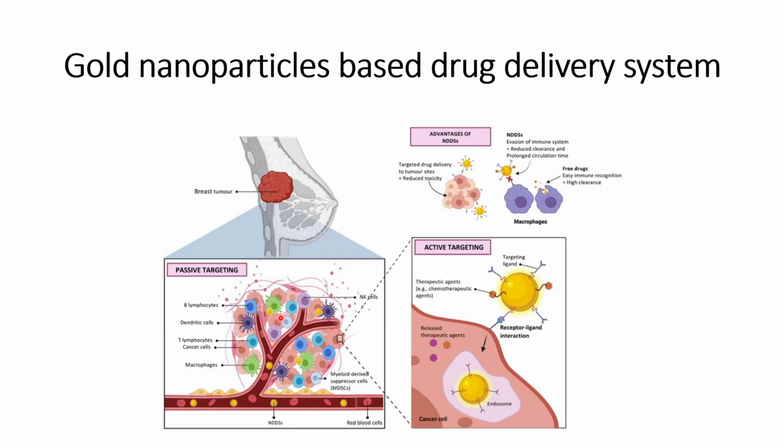Once the active targeting is done, it will release the tumor's dead particles, which are then easily exposed to the other immune systems, thereby activating the overall immune system of the patient against these tumors.